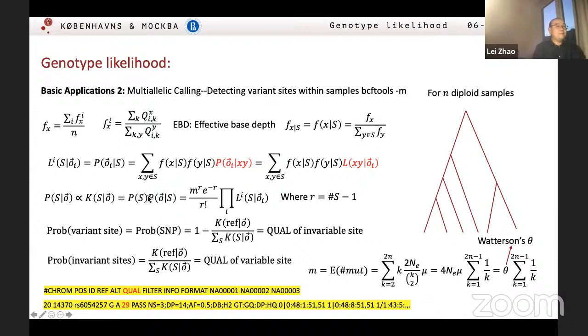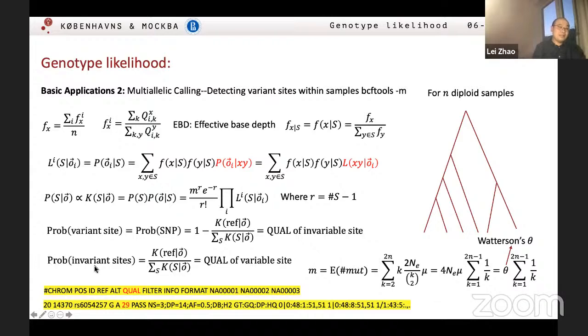You can calculate it like this, and if you do the Phred scale trick, you get this QUAL, to say whether an invariable site is really an invariable site. So basically what we calculate here is like an error. Based on the observation, we think it is an invariable site, but we calculate the probability that this invariable site is a variable site.